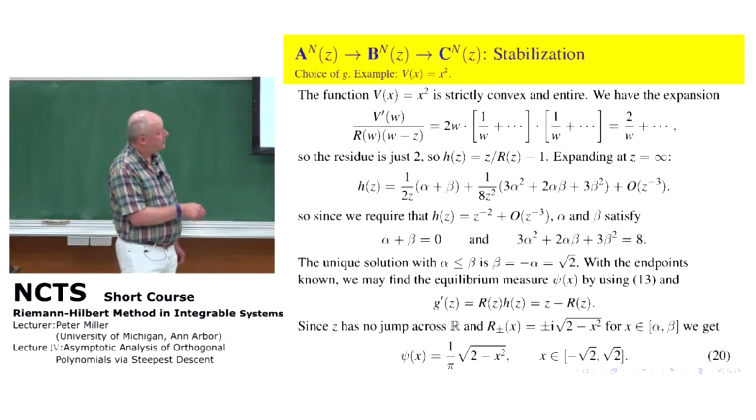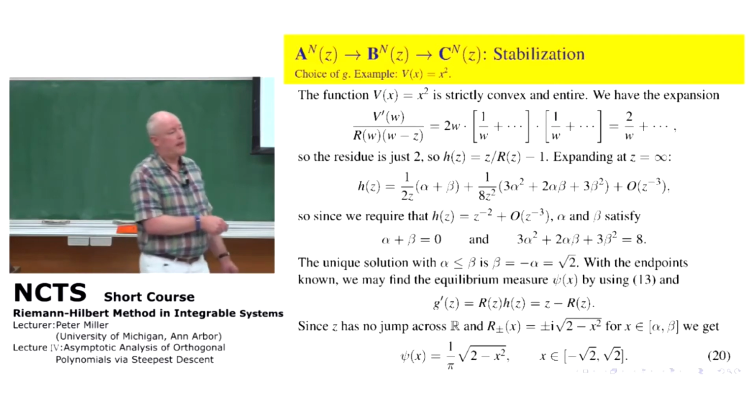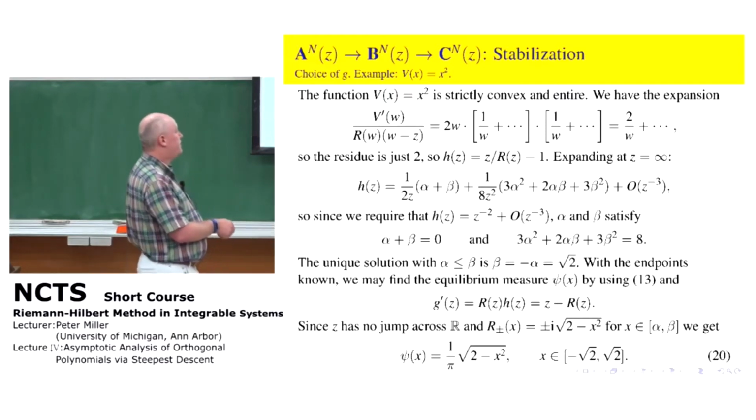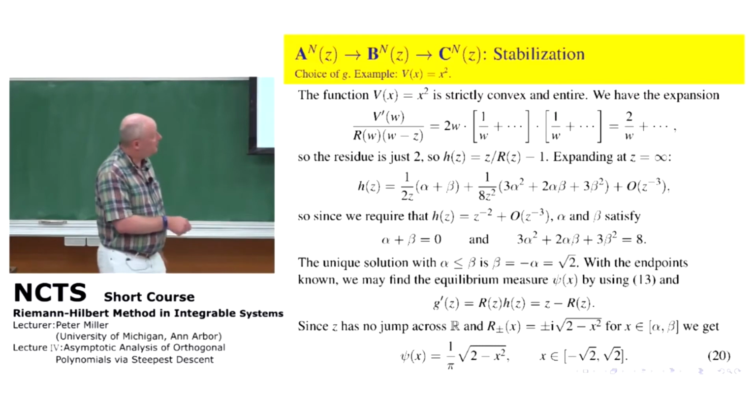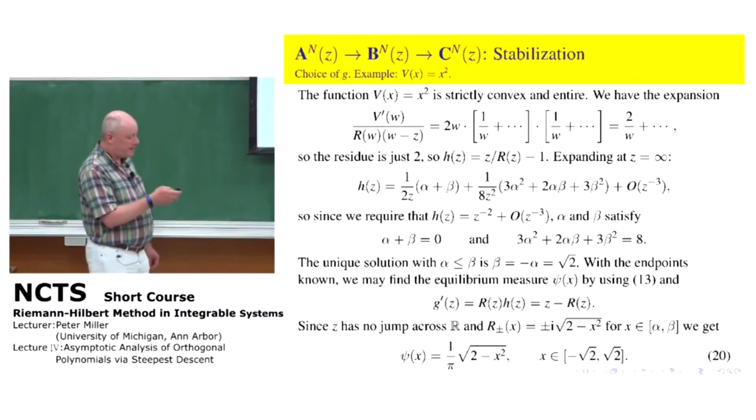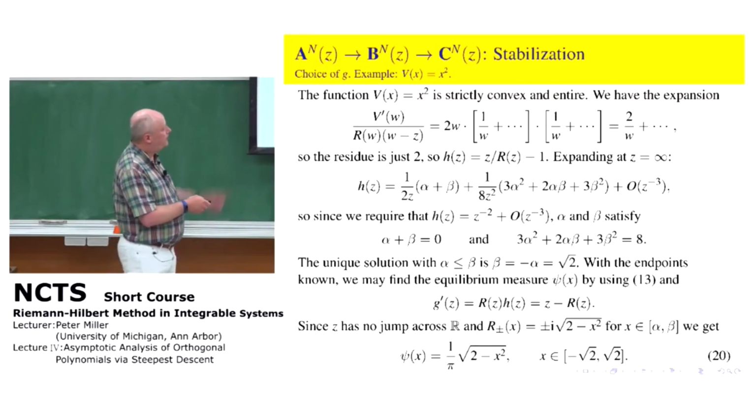So then the function psi is just this thing supported in the interval minus root 2 to root 2, and that is the semicircle law from Wigner's random matrix theory, if you like. Okay? It's also the distribution of the zeros of the Hermite polynomials. It shows up all over the place. Okay. So anyway, that's the simplest case.